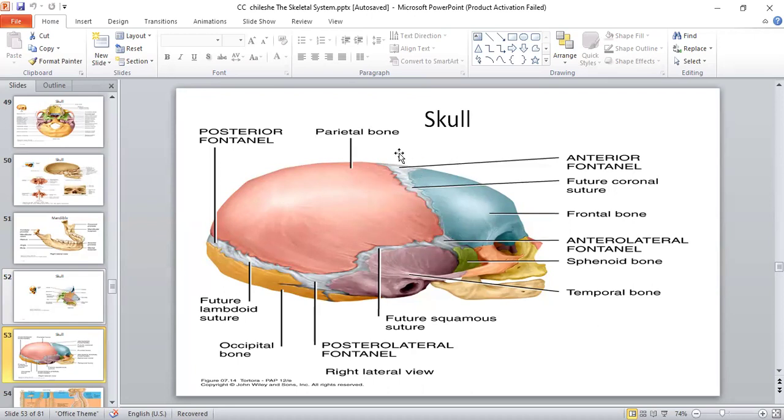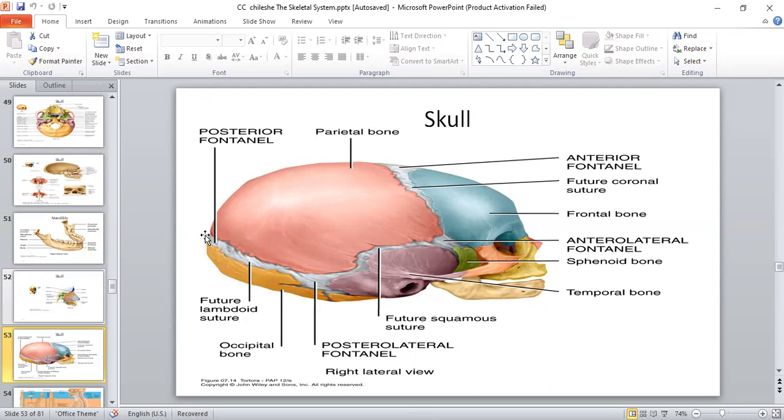So the front part, where there is this dilatation of the coronal suture, is known as the anterior fontanel or the bregma, okay? And then on the posterior aspect, don't worry, you will look at this in detail when we start looking at embryology or maybe even in reproductive health.